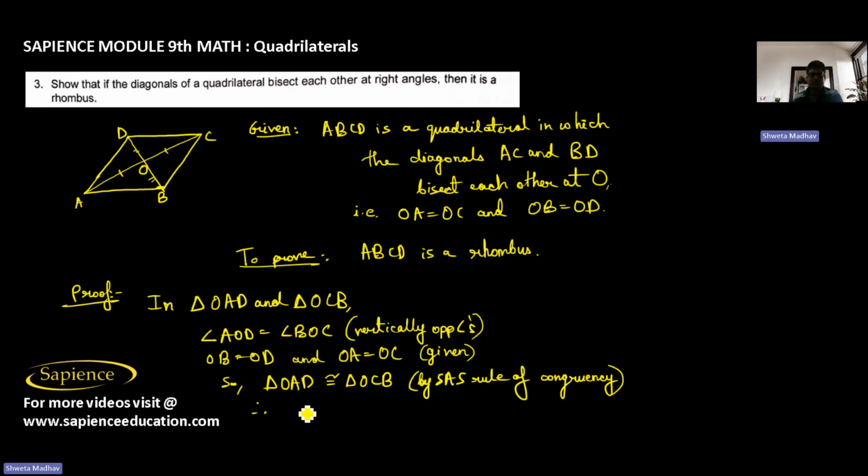Therefore AD equals BC and angle OAD equals angle OCB by CPCT.